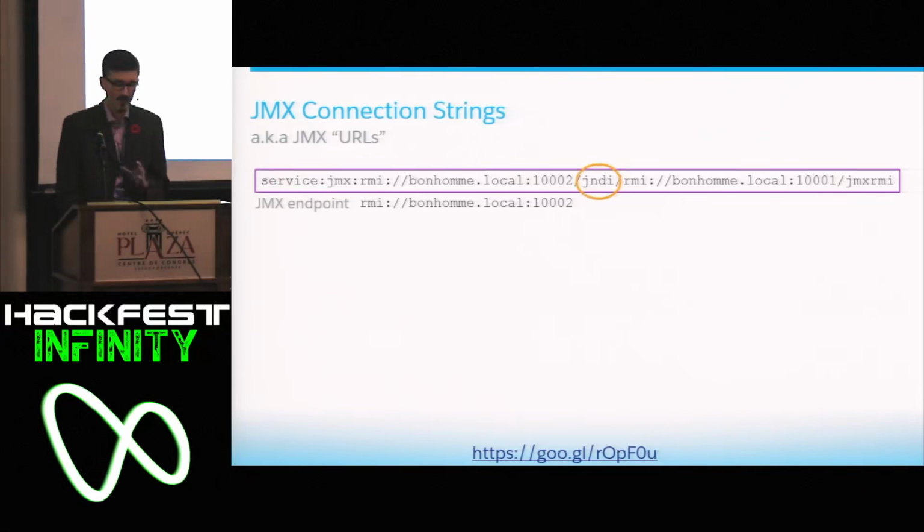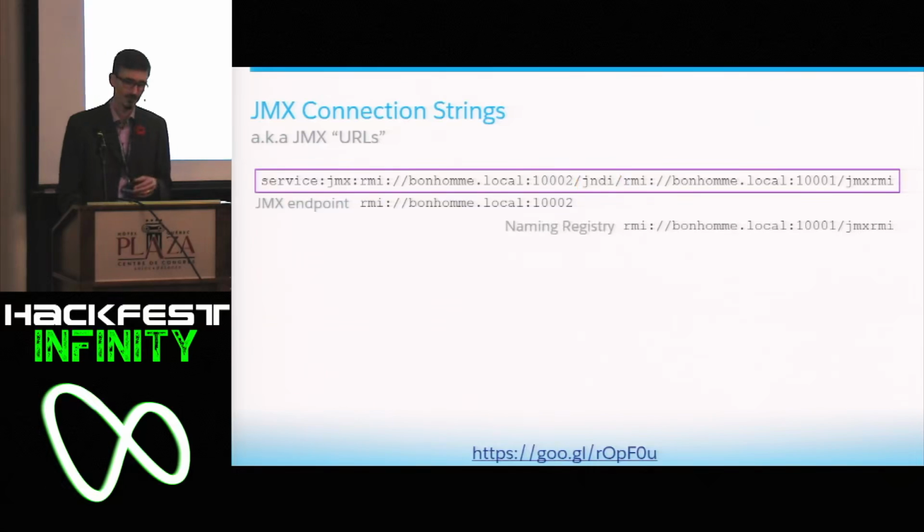And then we have another part, JNDI, which is Java Naming and Directory Interface, also followed by an RMI URL. That's our naming registry. So how many times did you see RMI in the URL? Two? Depends how you count, but yeah.